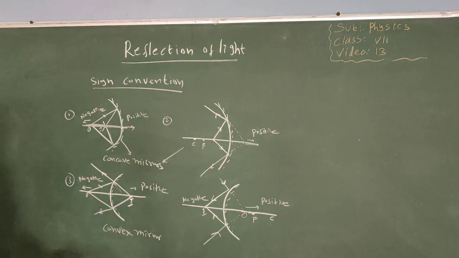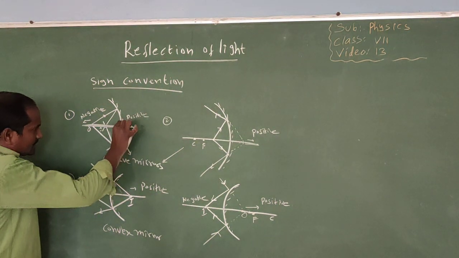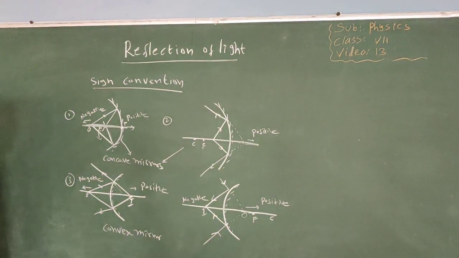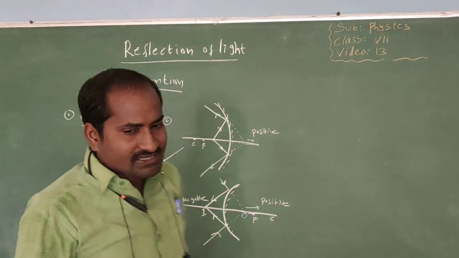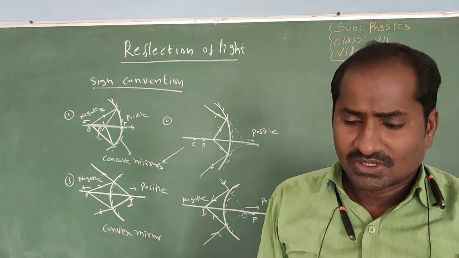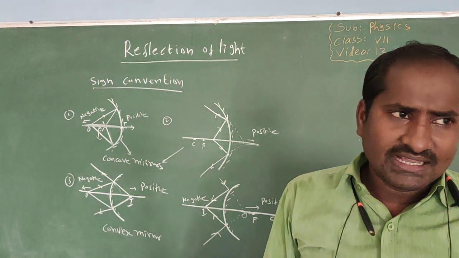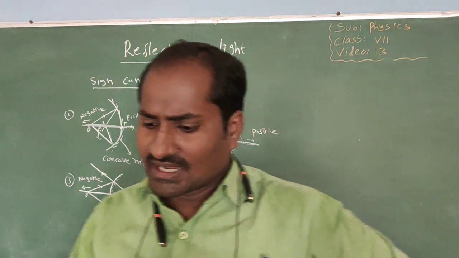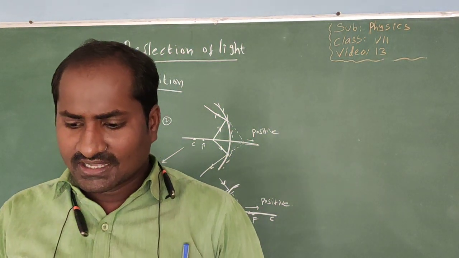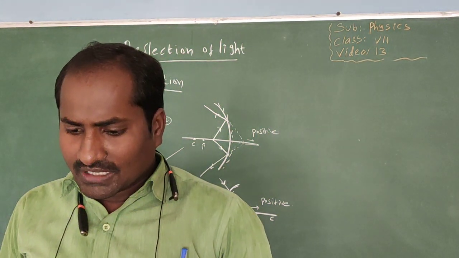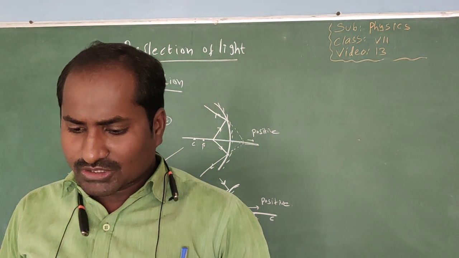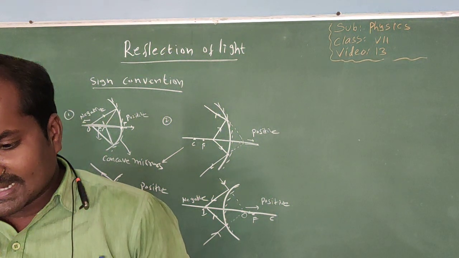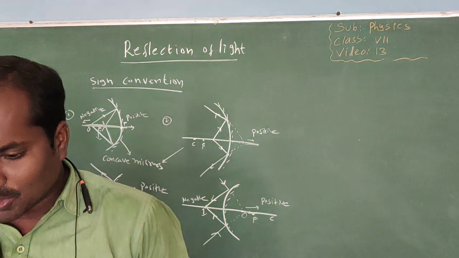That is why all the distances are measured from the pole. Below the principal axis is negative and above it is positive. The distance in the direction of the incident ray is positive.